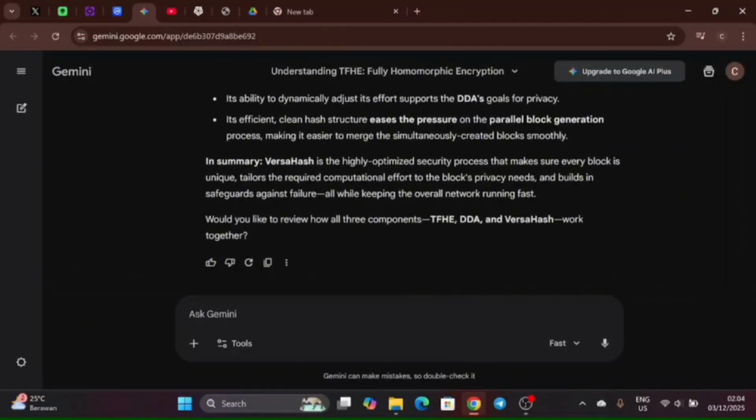In summary, it's a highly optimized security process that makes every block unique and tailors the required computational effort to the block's privacy needs. It builds safeguards against failure while keeping the network running fast. It's interesting.